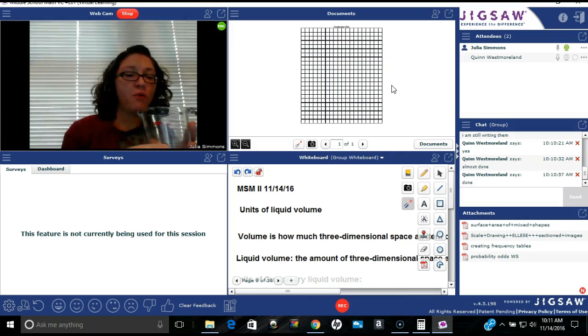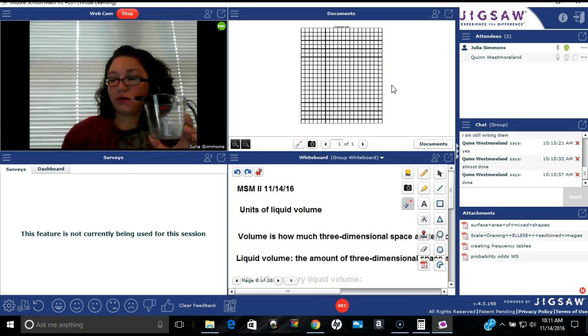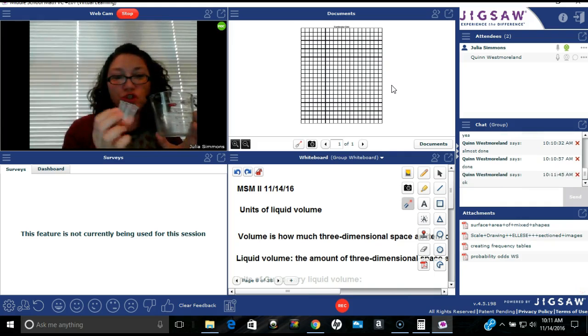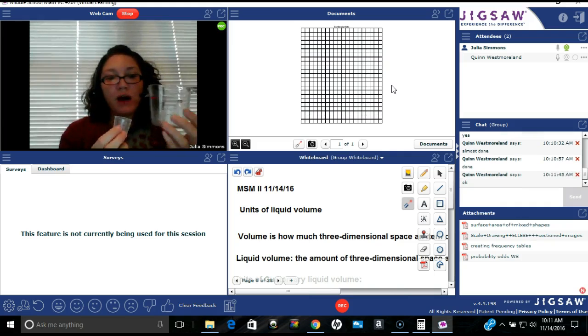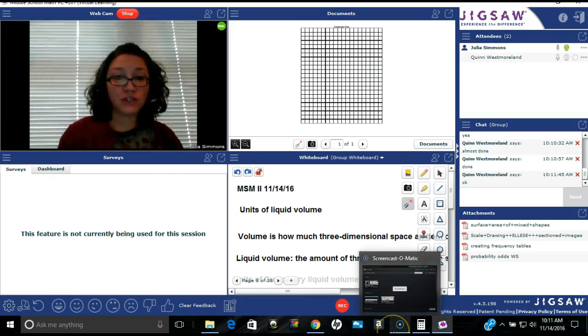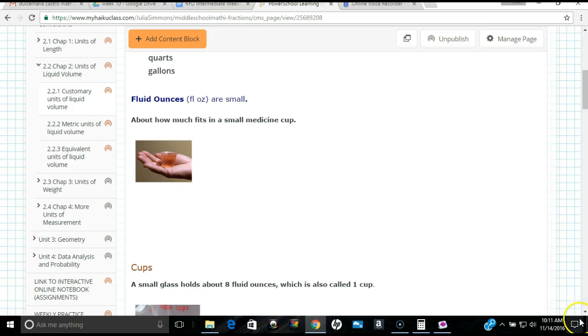So if we have 3/4 of a cup, you have 2 fluid ounces of liquid. Okay? So if we're comparing only ounces to cups, ounces are small measurements, where cups are larger measurements. So when you're measuring with fluid ounces, you're measuring liquid medicine or very small amounts.